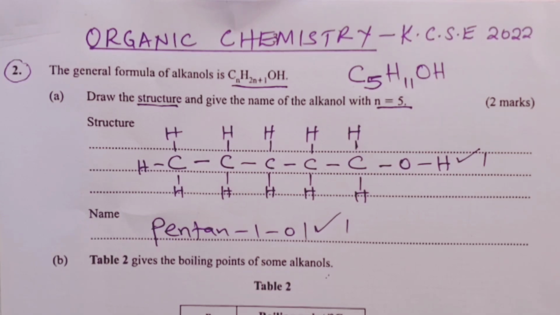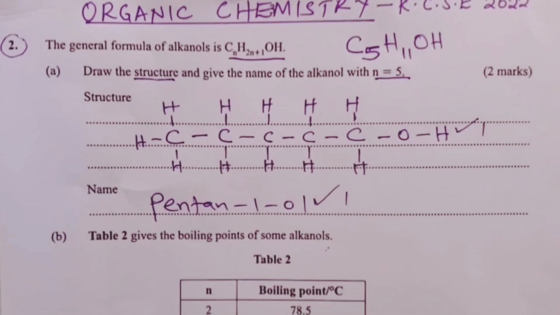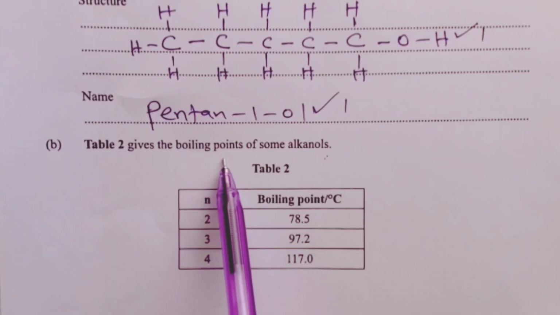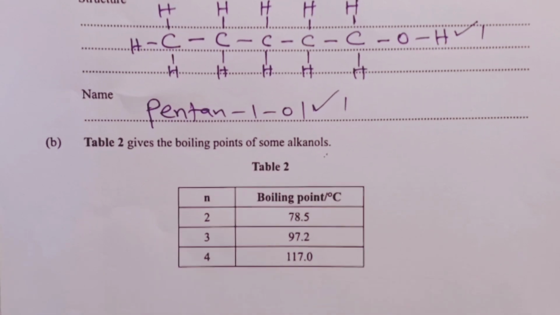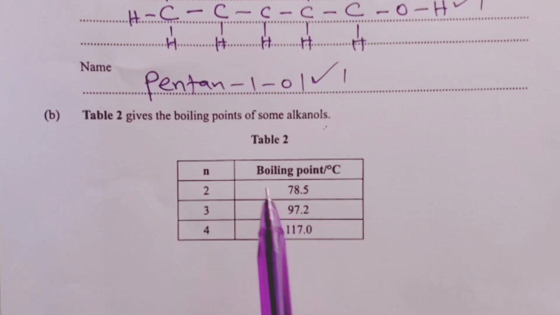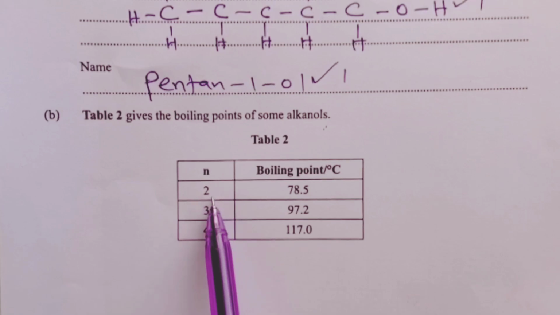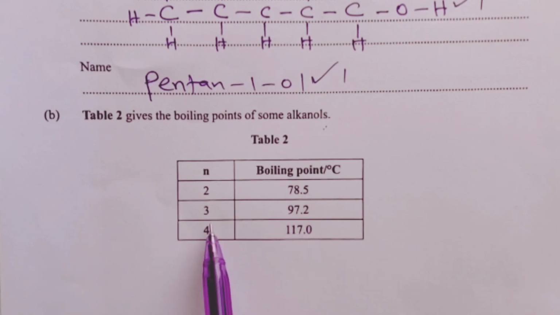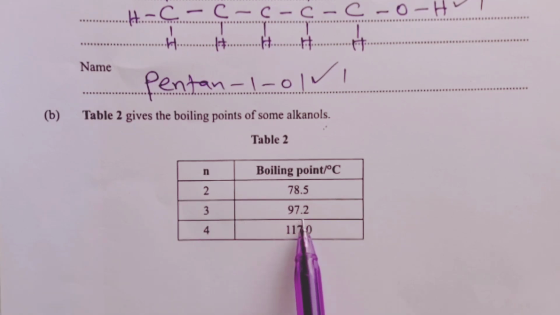To part B, we are told table 2 gives the boiling points of some alkanols. So we have n being 2, boiling point 78.5 degrees Celsius, n being 3, 97.2 degrees Celsius, n being 4, 117 degrees Celsius.